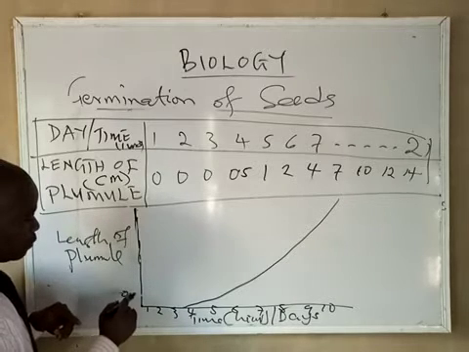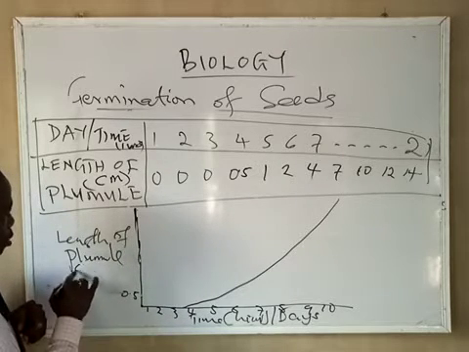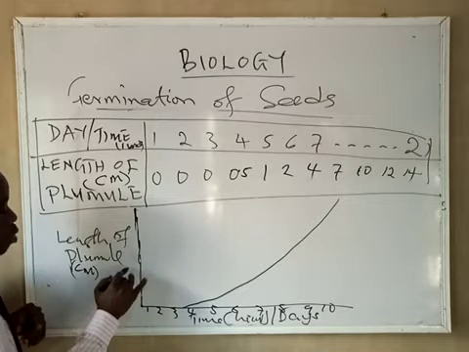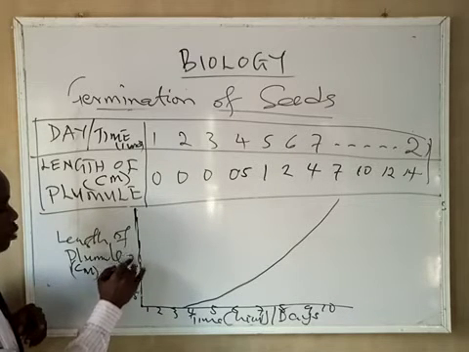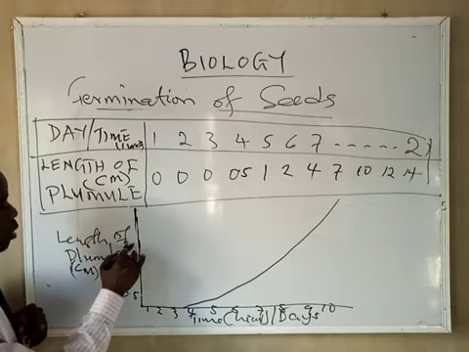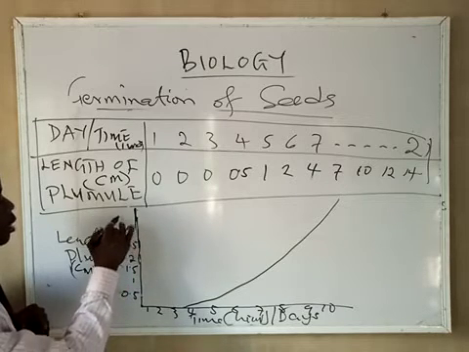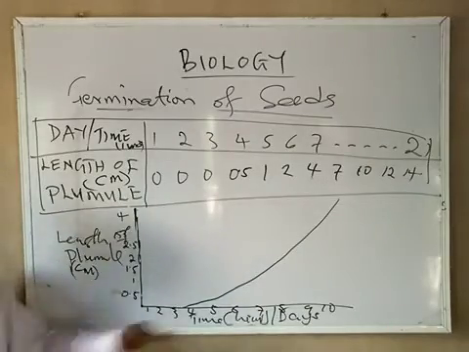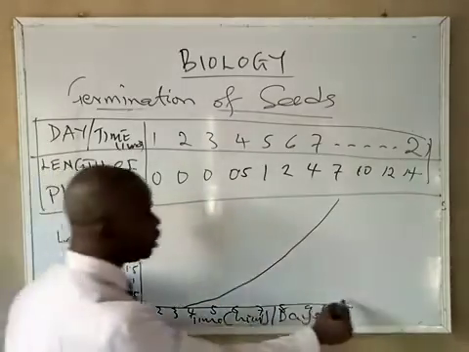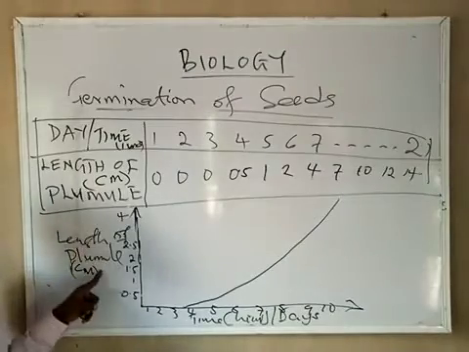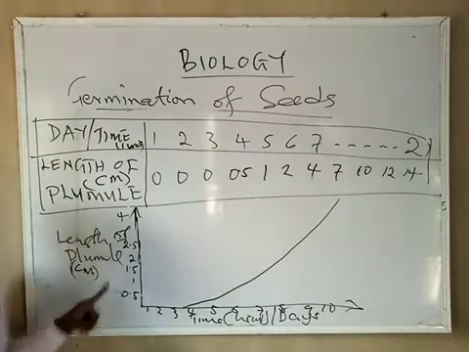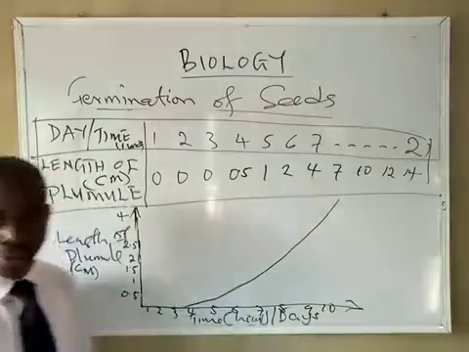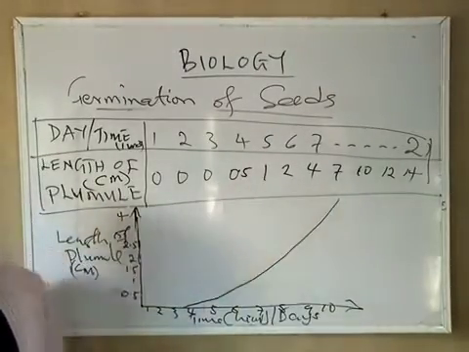This one could be 0.5 cm. This one could be 1, 1.5, 2, 2.5, 3, 4, and you have it on and on like that. So it shows that the shoot is elongating. You have elongation, and days are going by as that is taking place.